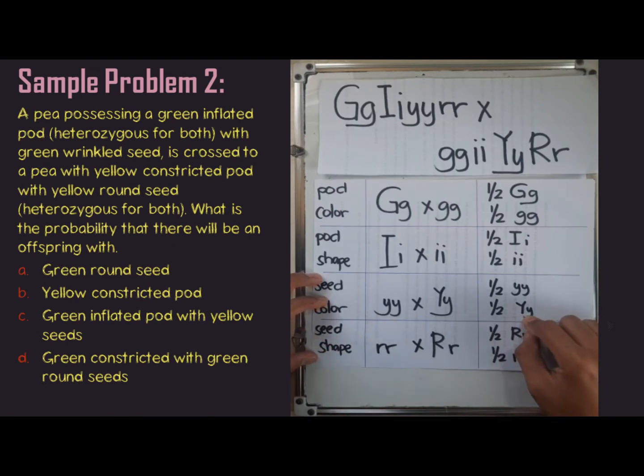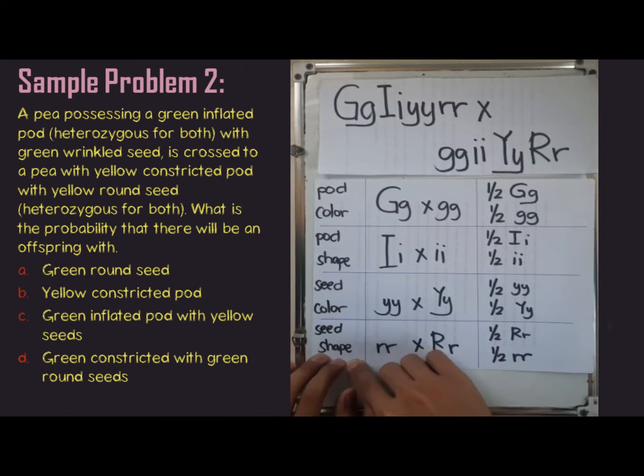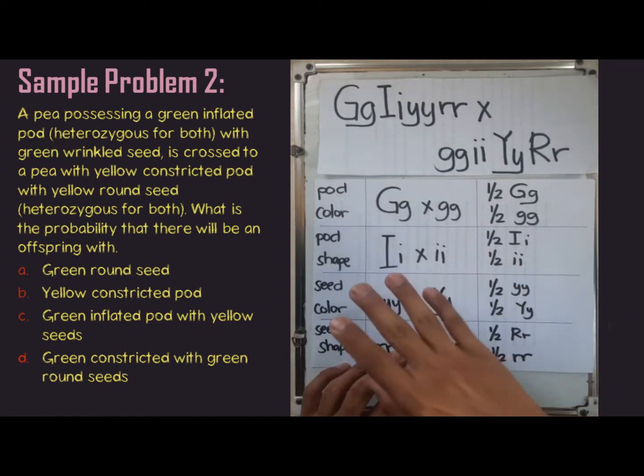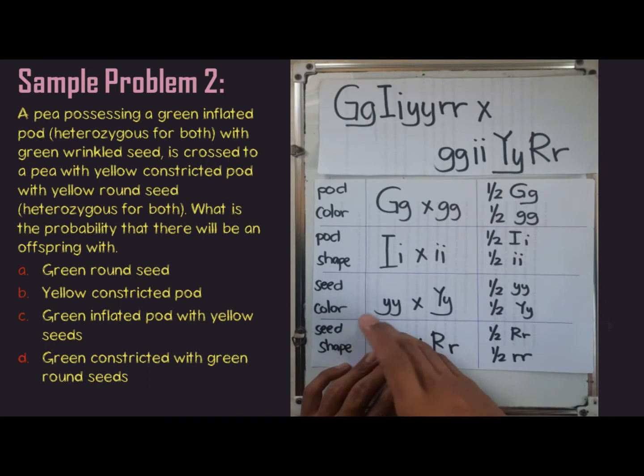Then let's proceed now to the fourth trait, the presence of the seed shape. Now, when it comes to the seed shape, we have here the genotypes of the parents. Once again, we are simply doing this since we are considering the law of segregation and the law of independent assortment, that every single one of these traits are present on the different genes that is present on that organism.